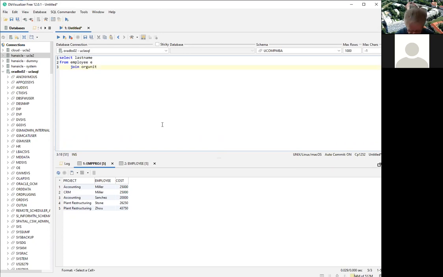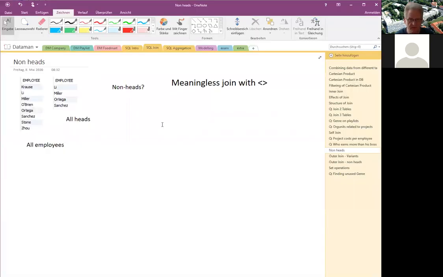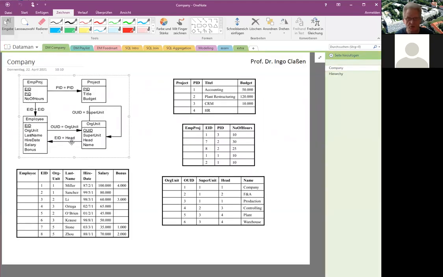And now the join condition is on. The join condition now is going back here from the org unit to the employee, namely EID equals head. The other examples have already used that connection here, OU org unit equals OUID, but now we take the connection the other way around, that's the head of.